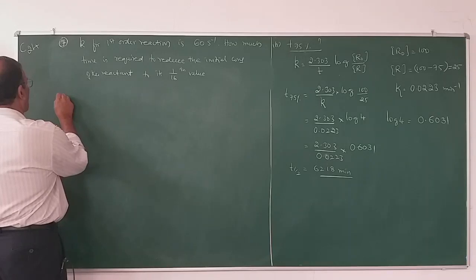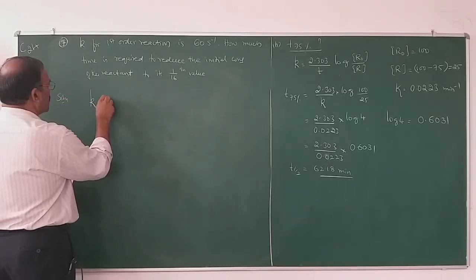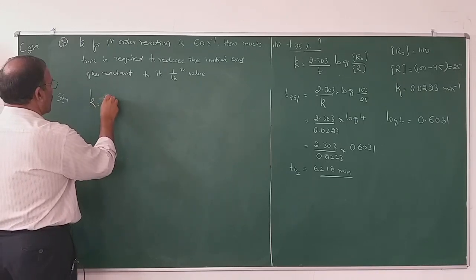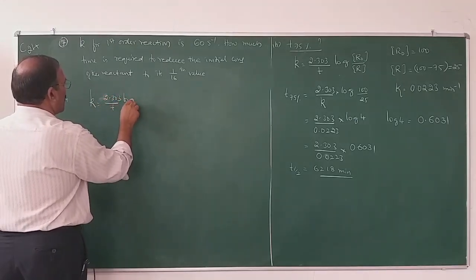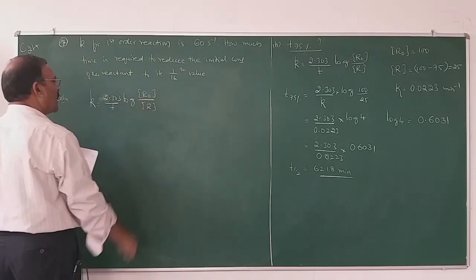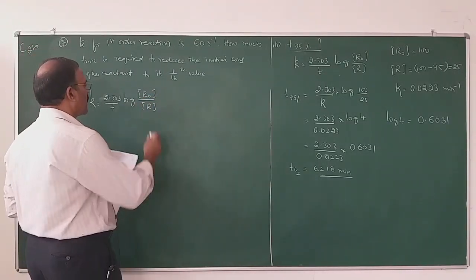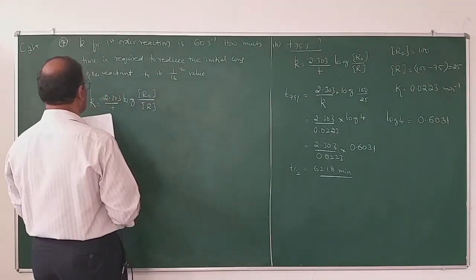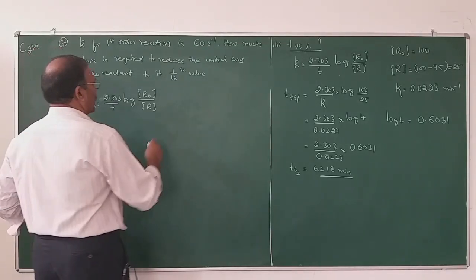So what is the expression for rate constant? K equals 2.303 divided by T log of R naught divided by R. R naught is the initial concentration, R is the remaining concentration, and T is the time.